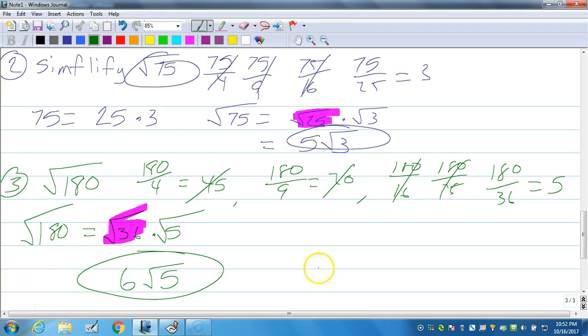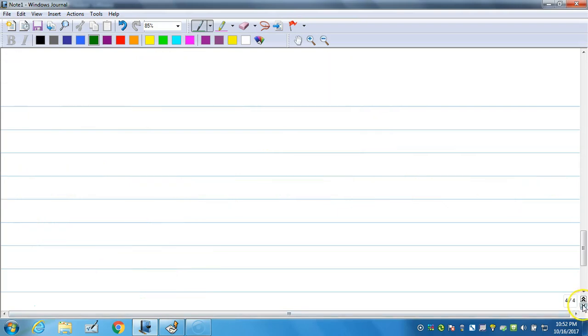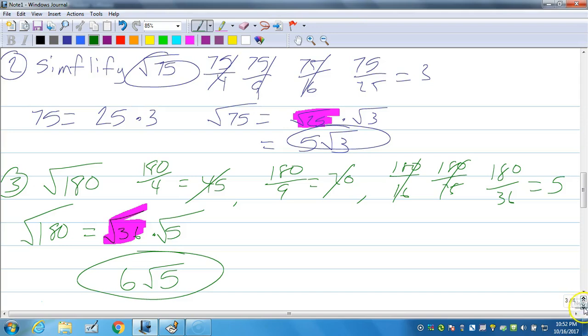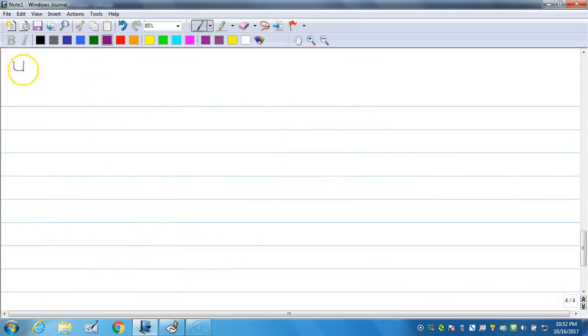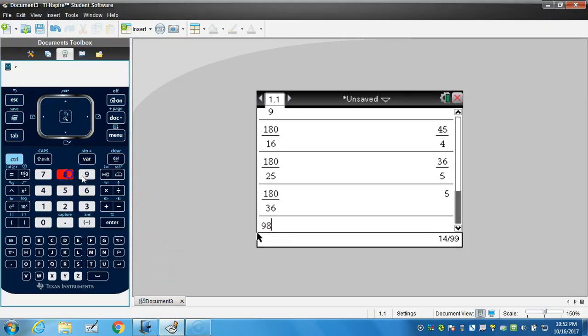We'll do 2 more and we'll get started with the actual examples for this assignment. What number was that? I forgot. Number 4. So simplify the square root of 98. We use the calculator here. 98 divided by 4. Nope. 98 divided by 9. No. 98 divided by 16.